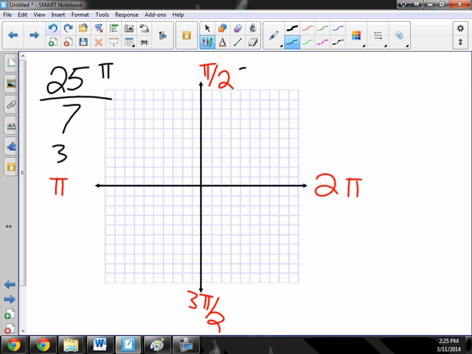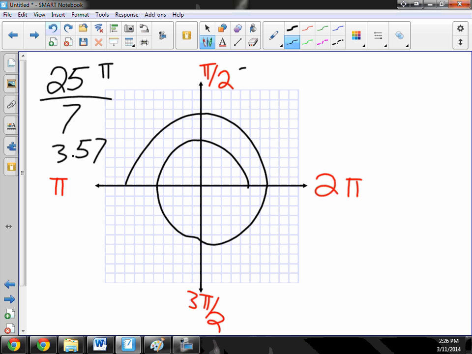No, 3.5 what? Why did I need 3.57? Well, 0.5, 1, 2, 2.5, 3, 3.57. So we're in quadrant 4. Okay? And this is 3.57.